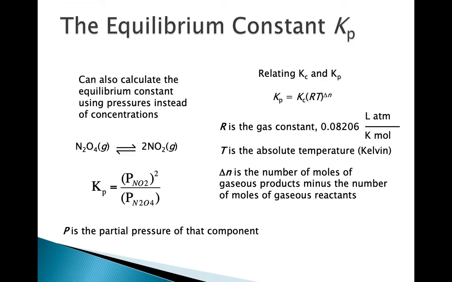So it's basically the moles of gaseous products minus the moles of gaseous reactants. So for instance, in this equation over here, we have N2O4 going to 2NO2. Here we have 2 moles of gas, minus 1 mole of gas, would be a positive 1 change in the moles. So delta n would be plus 1 for this example. That's what that delta n is in that equation, and why there's a delta there with the number of moles.